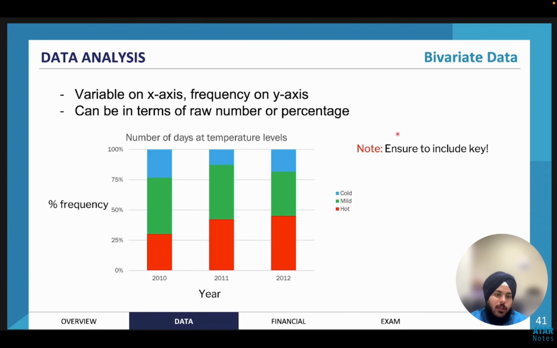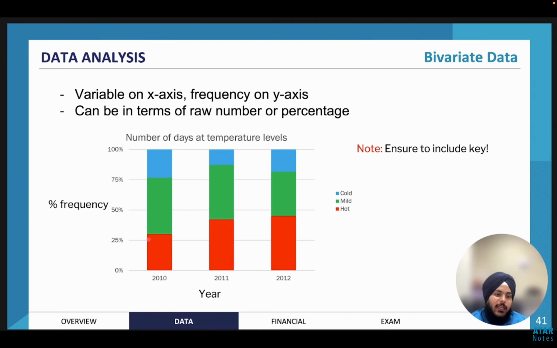But this time, the data will usually be split. So for example, if we're looking at cold, mild, and hot temperature levels on the number of days in 2010, 2011, and 2012, it's actually being split here. So although we're recording frequencies, the frequencies have been split in every year.